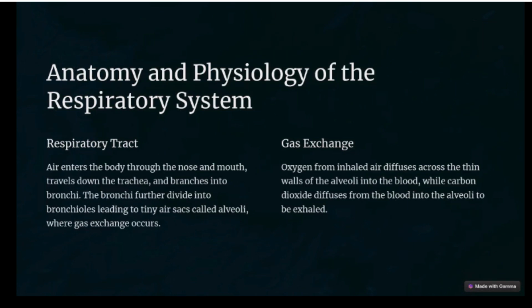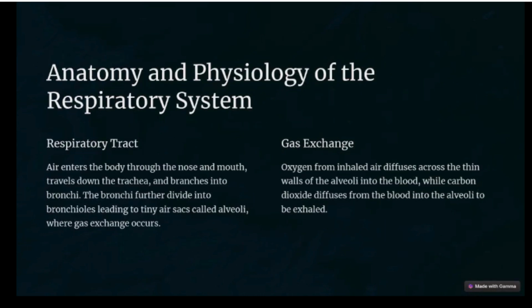We have two lungs, right and left. The right lung has three lobes, the superior, middle and inferior lobes. The left lung has two lobes, the superior and the inferior.